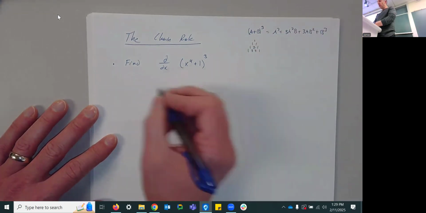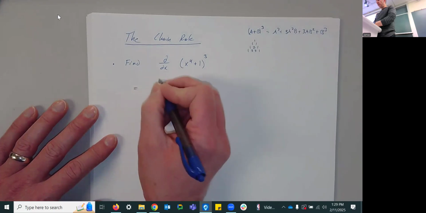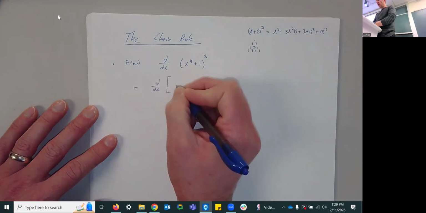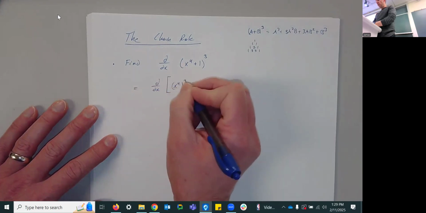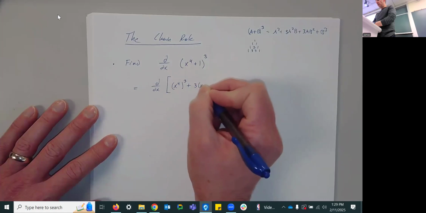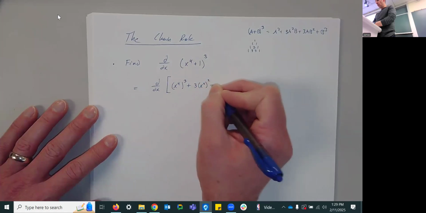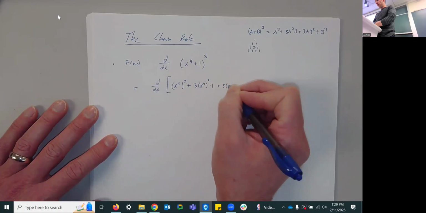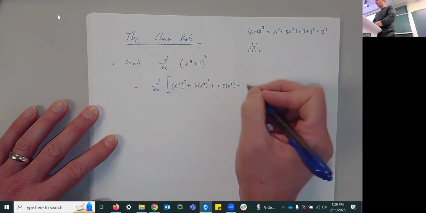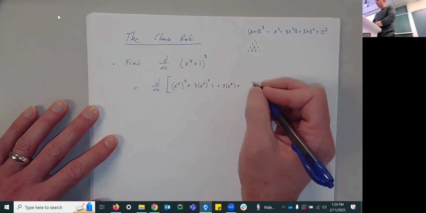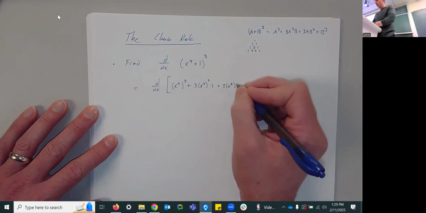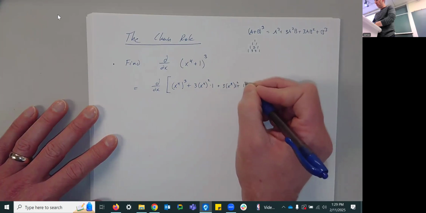So here, we're going to be finding the derivative of x to the fourth cubed plus 3 times x to the fourth squared times 1 plus 3 times x to the fourth plus 1 cubed. I guess I could have written 1 squared there and 1 cubed here.